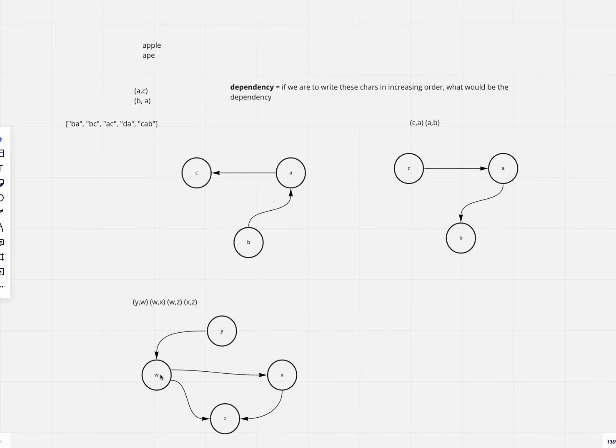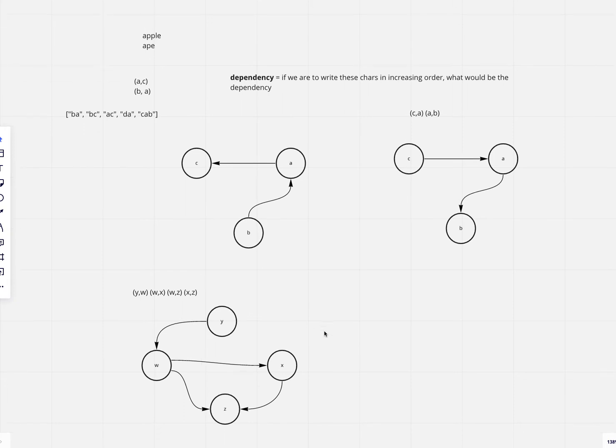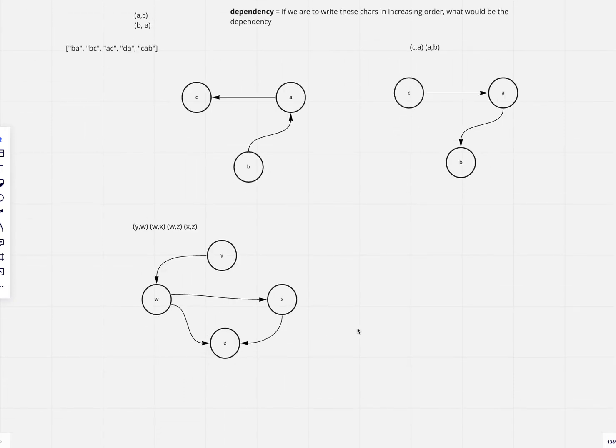So Y, W, and then, I think this example shows at least one of the complications I was talking about. If we notice, we start with Y, that's pretty obvious. Then we'll go into W. Now in W, we have two options.